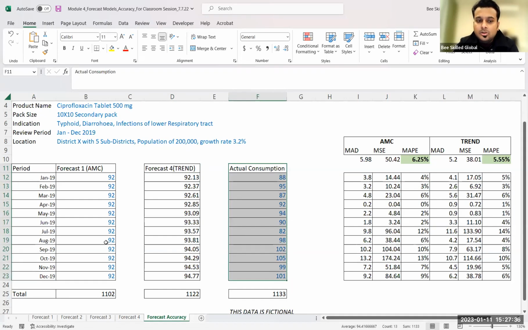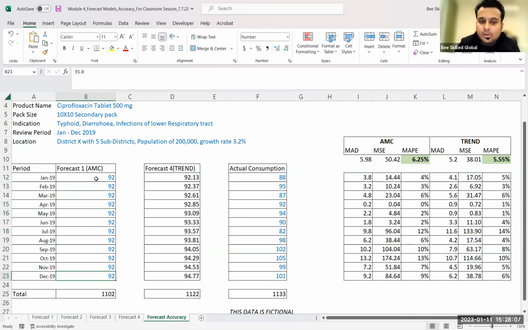Okay. So for January 2019 to December 2019, this was the actual consumption which happened in District X. So that program collected month by month consumption from the entire district. And now we are comparing this consumption against two different sets of forecast. Now, if we take the example of AMC, which means that every month on average, we are using 92 packs.